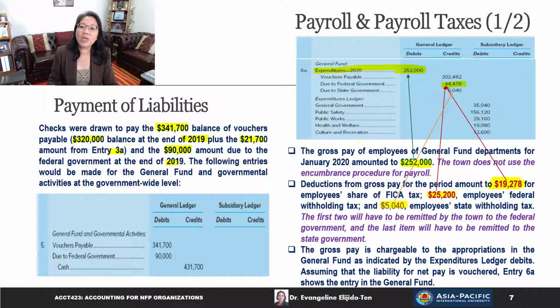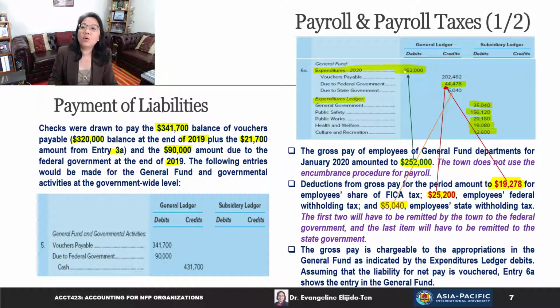Okay. Now we need to know how much of the expenditures pertains to the general government and how much to public safety, and normally this will be provided. These figures will be provided accordingly, and will have to be recorded as debits to the subsidiary ledger in the expenditures ledger account.